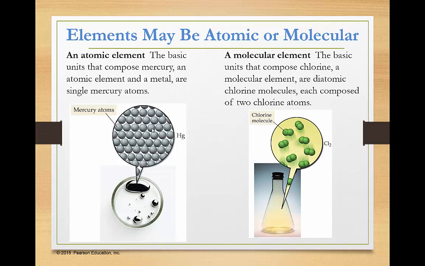Each one is individual. If we look at chlorine, these are diatomic. So I need to have 2 chlorines come together. They're bonded together. Now each one of these can act as a separate unit and will move around freely, but it stays bonded to that other chlorine. All right, so we said there are about 7. What are those?